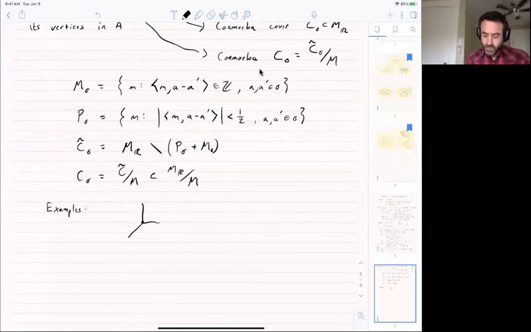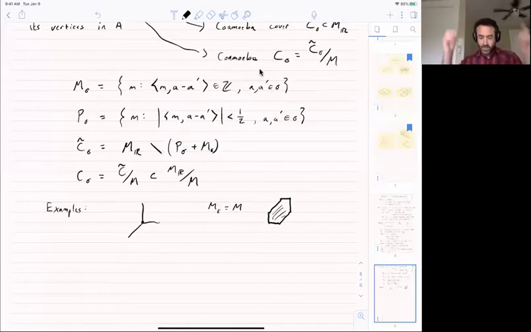M sigma in this case is just all of M, and the P sigma will be some kind of open hexagon like this. And we'll see a picture of them. When you take this, you can tessellate, and as I said, I'll show a picture of that for the co-amoeba cover in a moment.